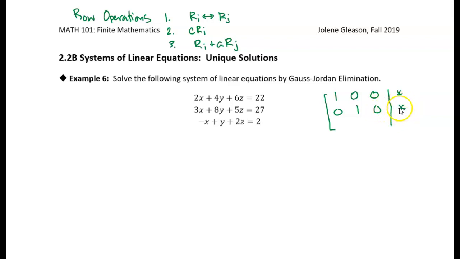I'm just going to use asterisks to say that's just some arbitrary number. And then we also want to solve for z. So we want an equation that is 0x plus 0y plus 1z is some number. Okay, so this is our new goal, but in three-dimensional form. Because we have three variables, we have to solve for all three variables. Okay, but the process is the same.